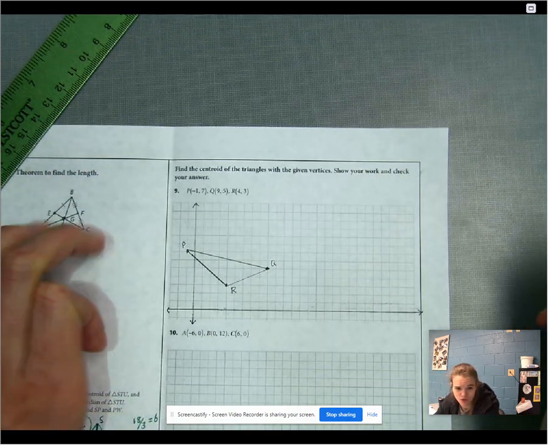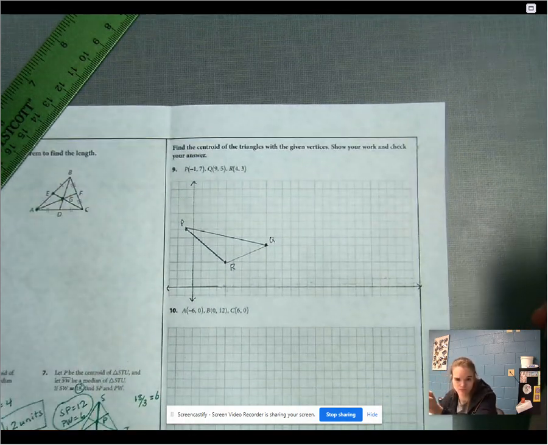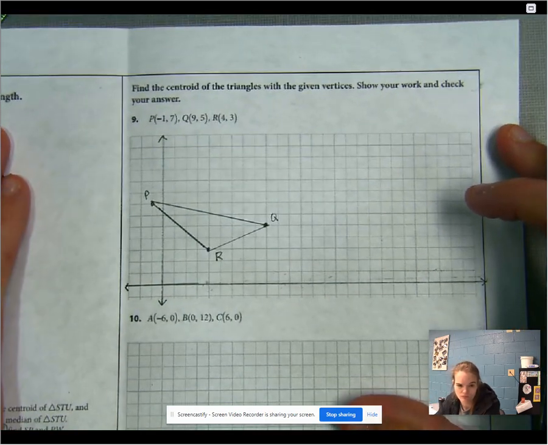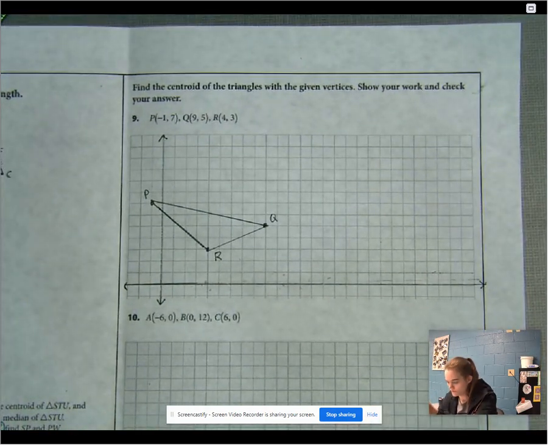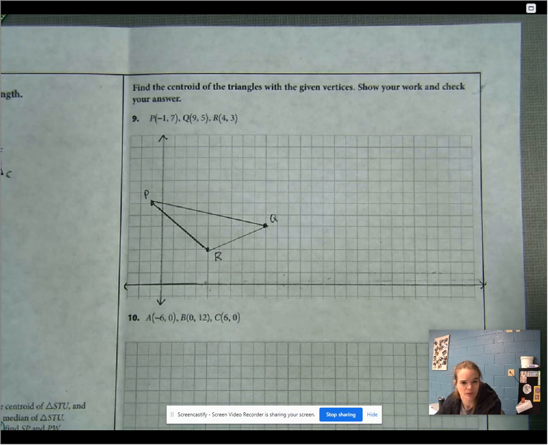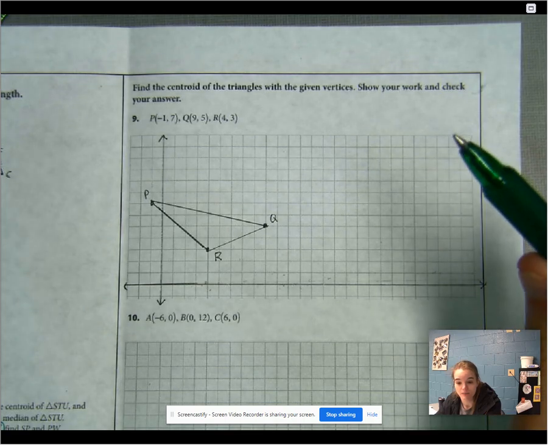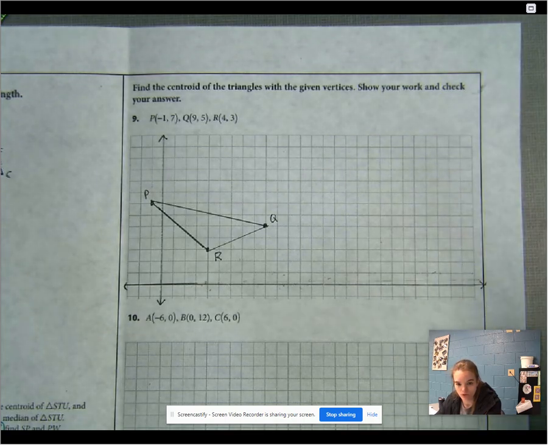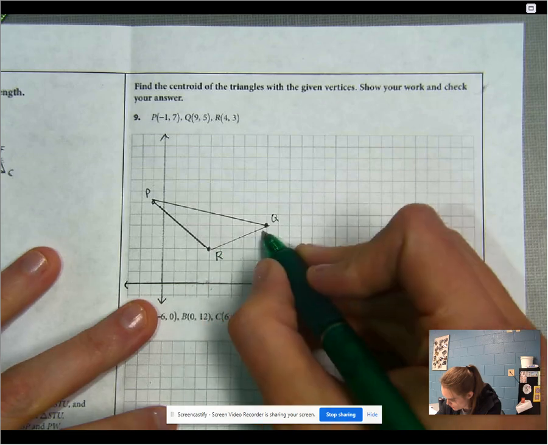Okay, so let me try to focus that a little bit better. All right, so the centroid is found from the median, midpoint to the vertex. So let's find the midpoint of RQ.